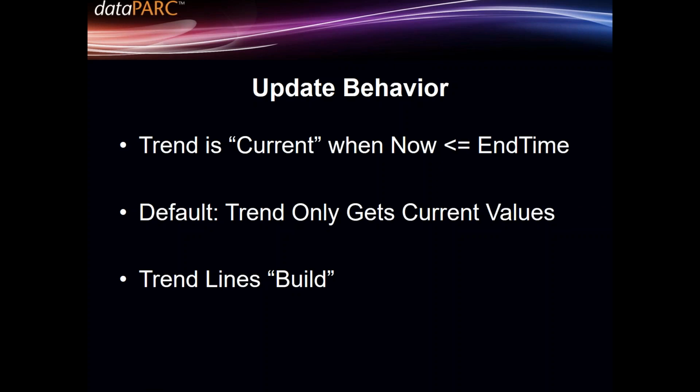It's just as soon as you put the trend into not looking at the current time range, it stops updating the plot area. The current value column that you see in the tag info grid will always have that current value in it. And then finally, the trend lines, depending on the way those trend lines are being drawn, will actually build in real time as well. And I'll try to show you that.